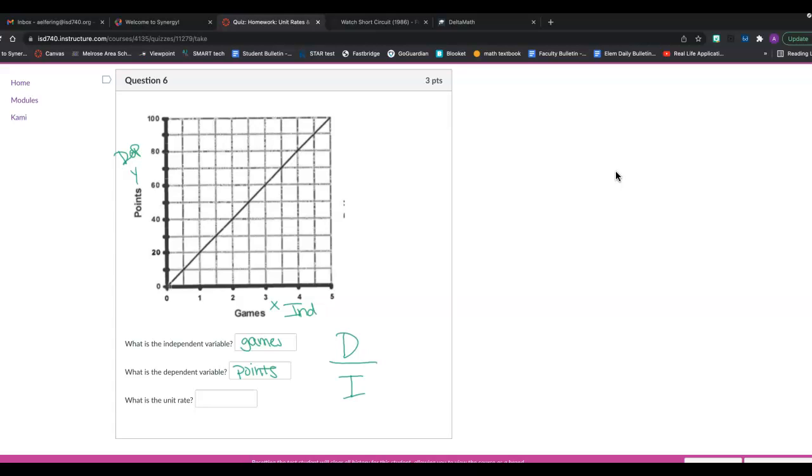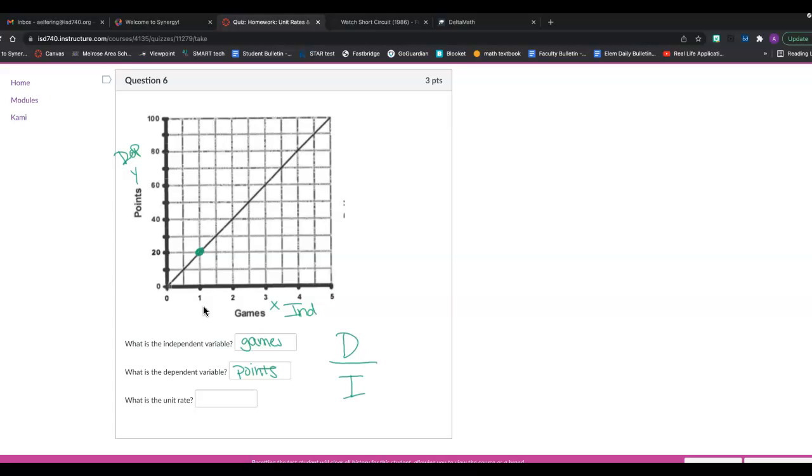Okay? Does it matter which point I pick on the graph? Absolutely not. You can pick any point on the graph. Just make sure it's on a corner. I'm going to pick this one. I like that one because automatically my one number is 1. So how many points per game?